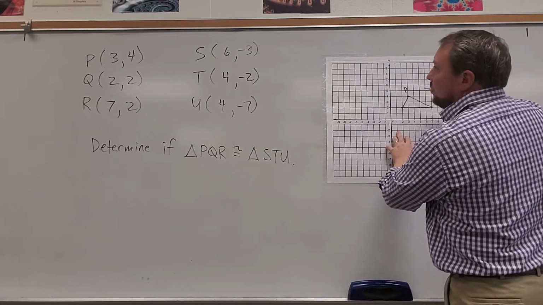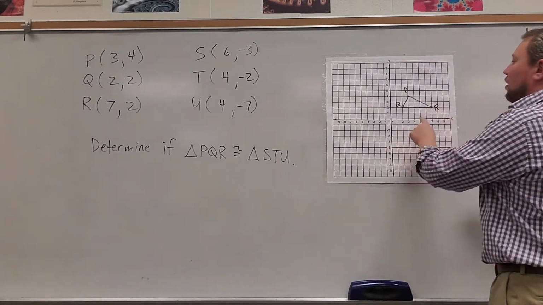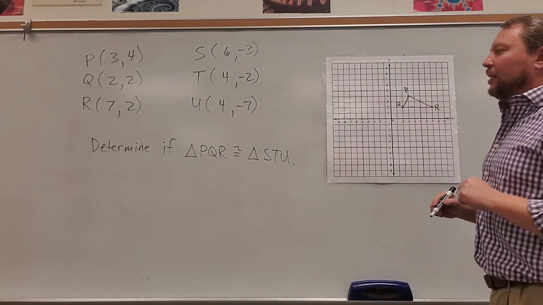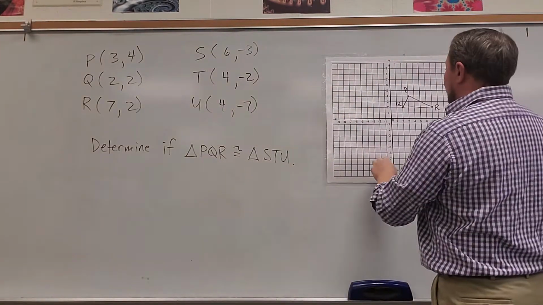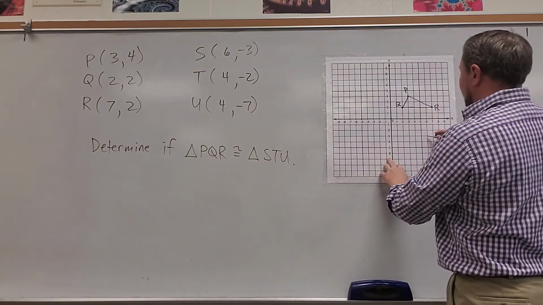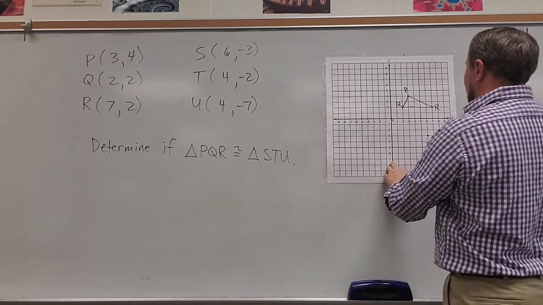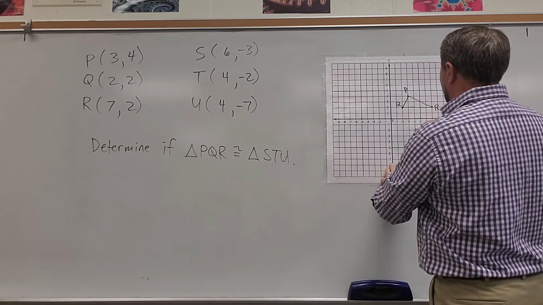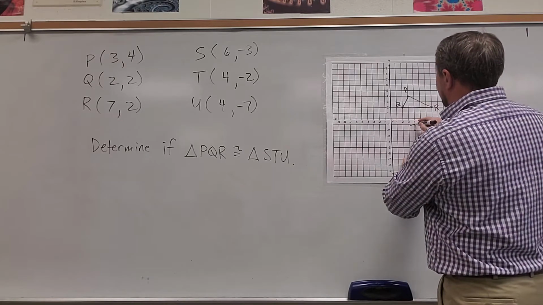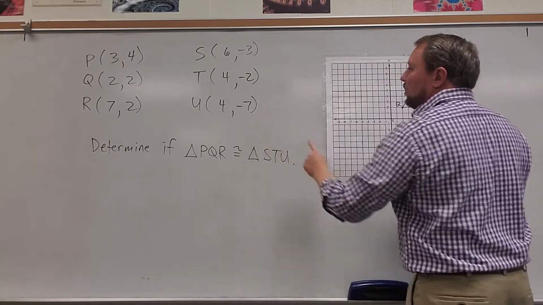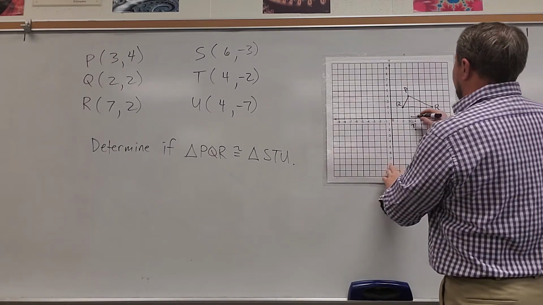So there's P, Q, R. And then our second triangle STU has vertices of 6, -3, 4, -2. That's S, that's T. And our third vertex is 4, -7.